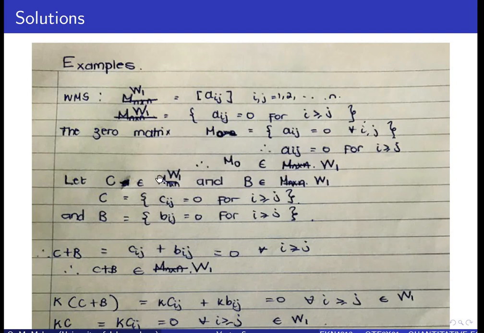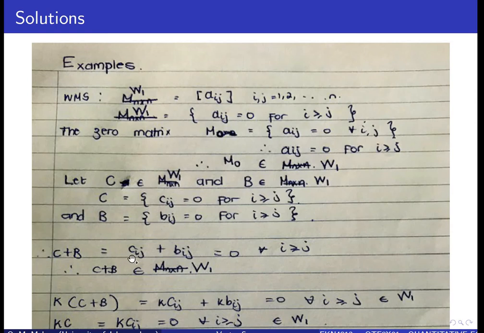Now we need to take two matrices in W1. Let C be in W1 and B in W1. If C and B are in W1, it simply means that they are upper triangular matrices. They should conform with the properties of such a set. I add these together, Cij plus Bij, right?